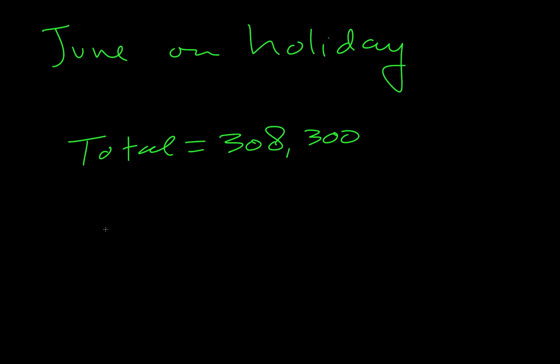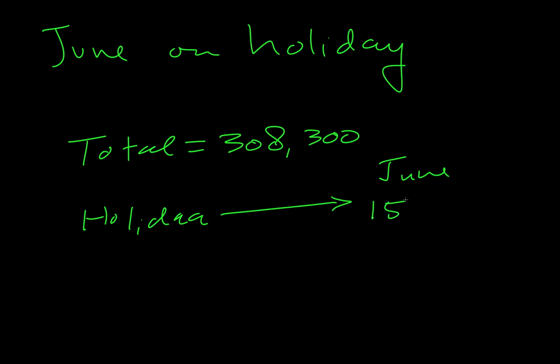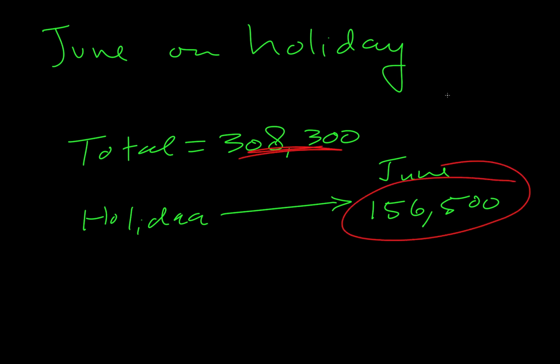So we go down to the place where it says holiday, then go over to the column that says June, and if we see where those two intersect, we get 156,500. So the thing we're looking at is this is our total, so we just say 156,500 over 308,300.